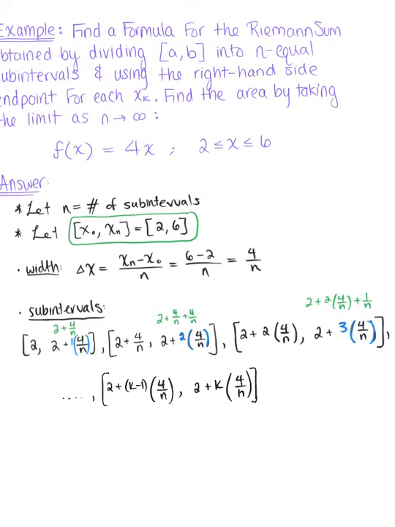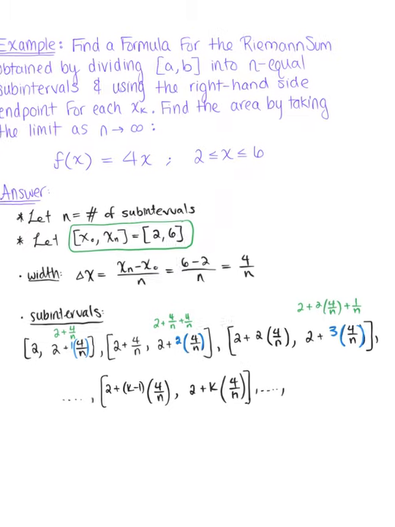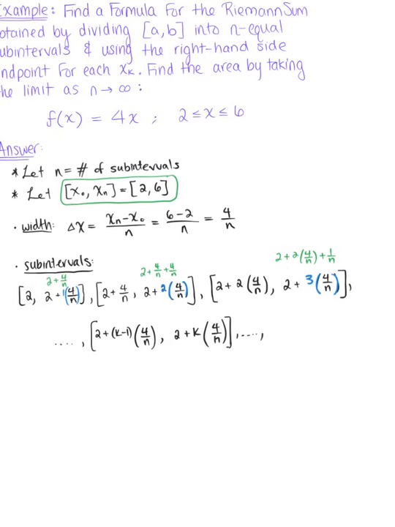And then we continue until we get to that very last subinterval. Using the same logic that we did for the kth subinterval, we'll have 2 plus n minus 1 times 4 over n to 2 plus n times 4 over n. And we always want to simplify that last endpoint.